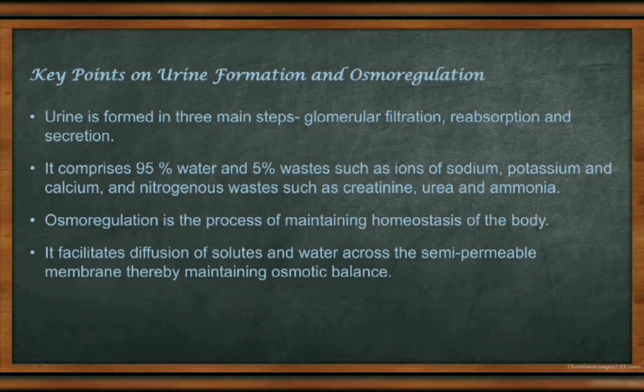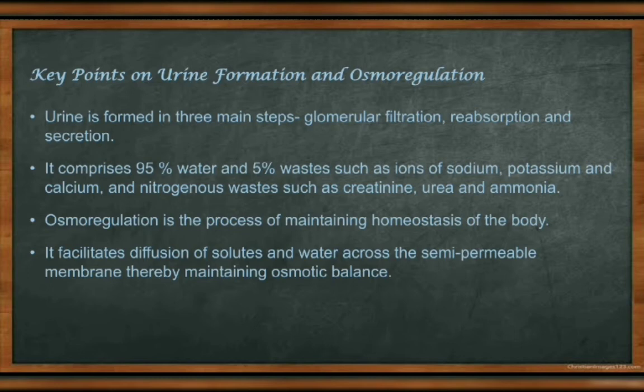It facilitates diffusion of solute and water across the semipermeable membrane, thereby maintaining osmotic balance. Osmotic balance should be maintained. We all know that components are transferred from higher concentration to lower concentration, which is basically called diffusion.